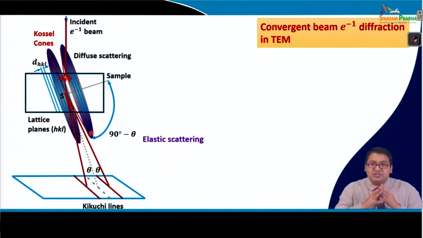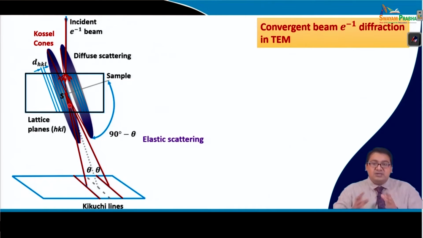Now, under such a situation, these Kossel cones are diffraction at Bragg's angle theta B for a certain HKL plane. If the size of the cone increases, because it is a ray, it will spread out. When it spreads out, it falls on the phosphor screen, which is placed just below the incident beam and the sample.